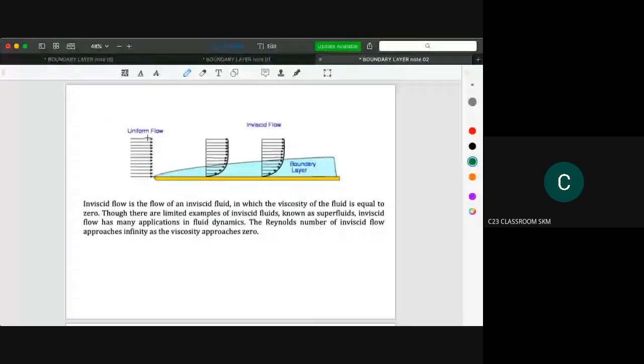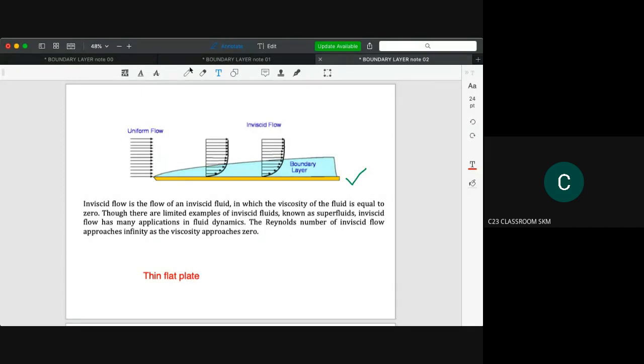Okay, so when this uniform flow is on a surface like this, our focus in this chapter is using the thin flat plate. Why?